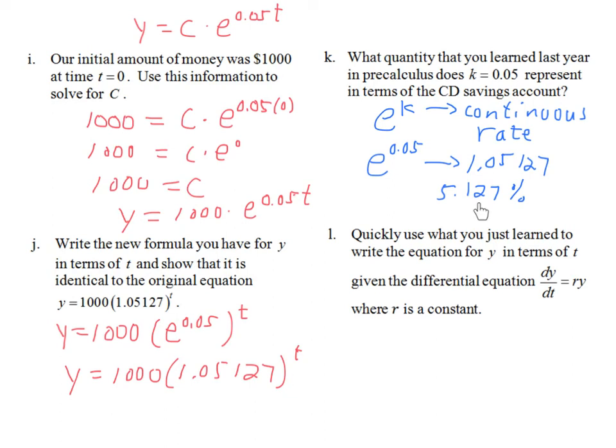We just weren't looking at it using this continuous rate, but that is what that K number is, the continuous rate. And by the way, this number right here, the 5.127, that's what we call our effective rate. Okay, so even though the bank told us 5%, effectively we ended up earning more than that, and that's the way compounding works.